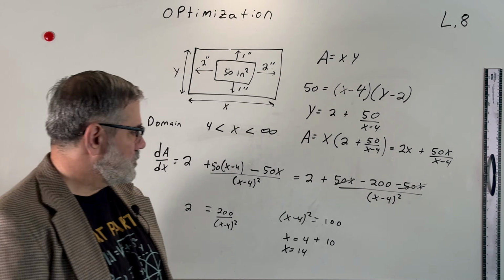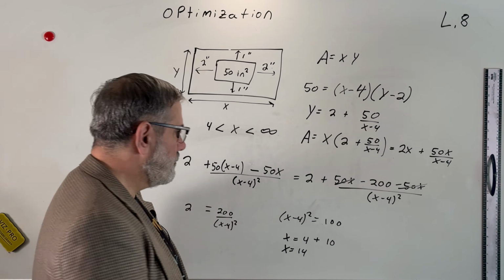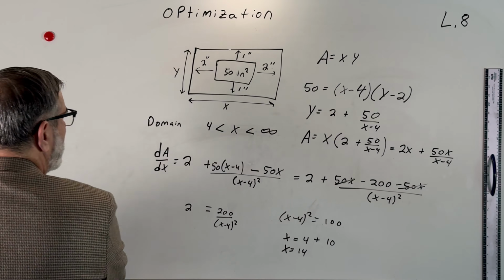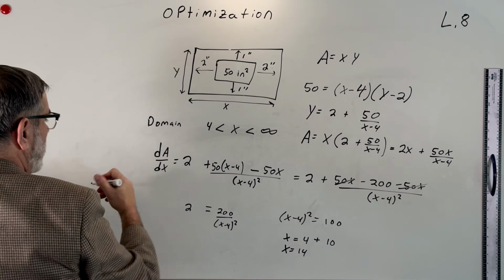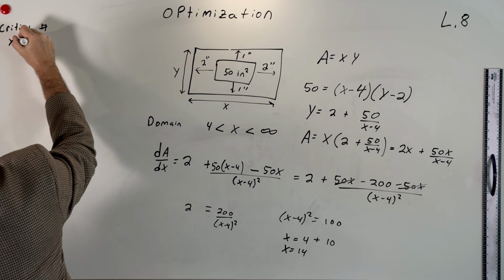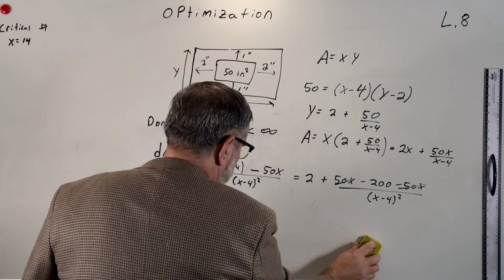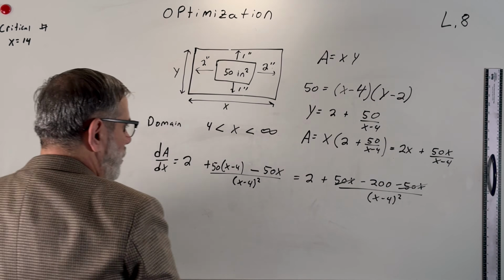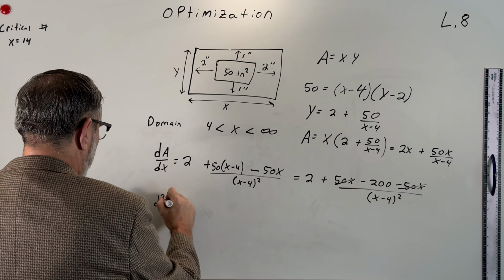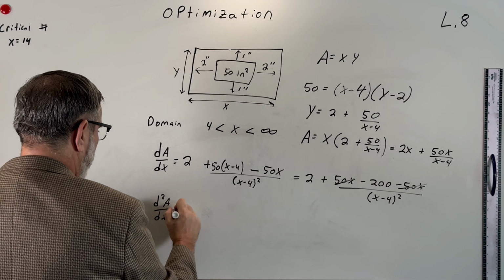And we're not done yet, because we don't know if that's a maximum or a minimum, do we? So if we were to take a second derivative, let's just summarize our results up here. So we have so far critical number x equals 14. We can go ahead and take a derivative of this, d2A over dx squared.